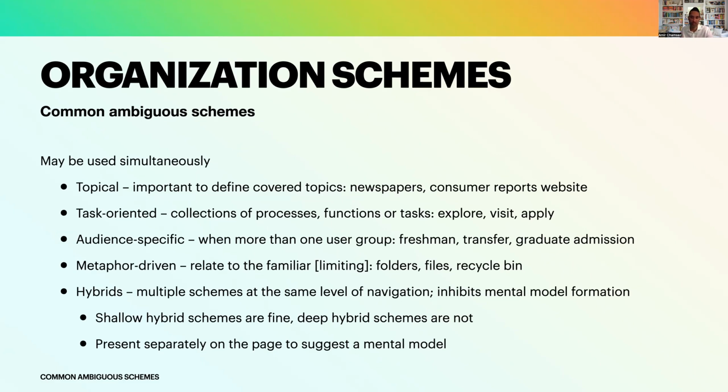Yahoo used to be very much that way, by topics, like Craigslist topics, or physical newspapers that organize things by topics. Then task-oriented, when you organize things by the task that the person needs to do.